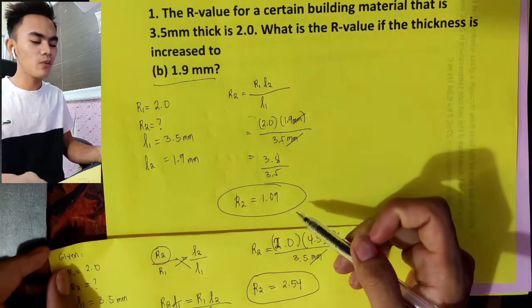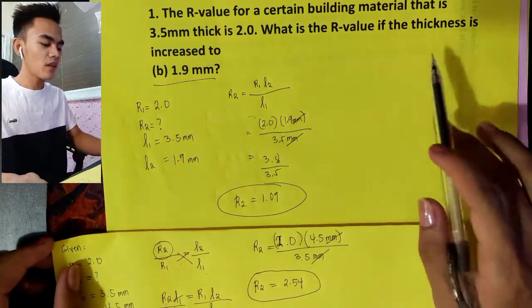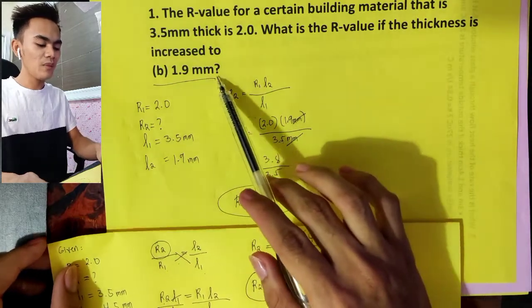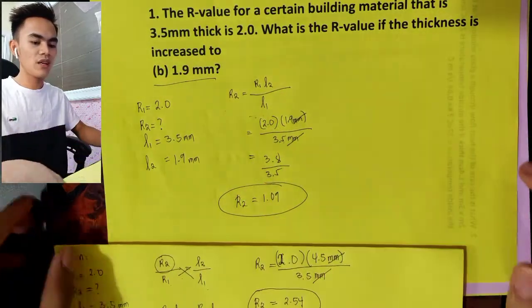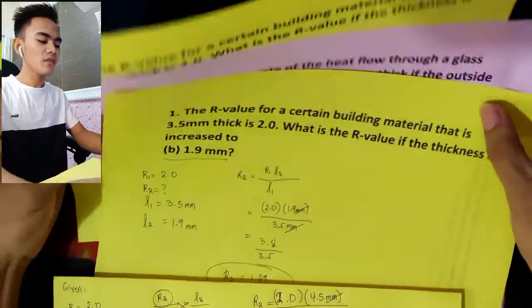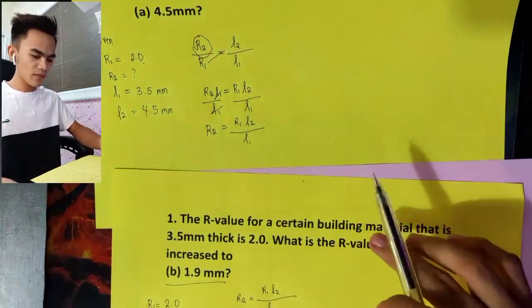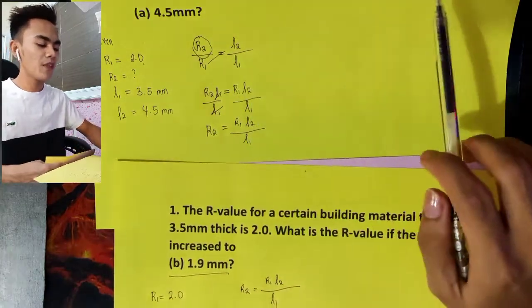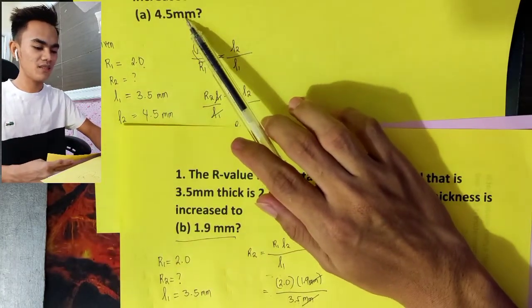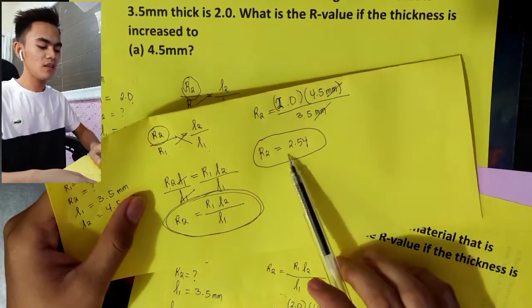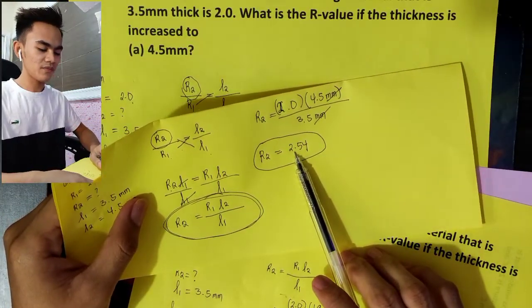Therefore, we can conclude that as the thickness increases, the R value increases.